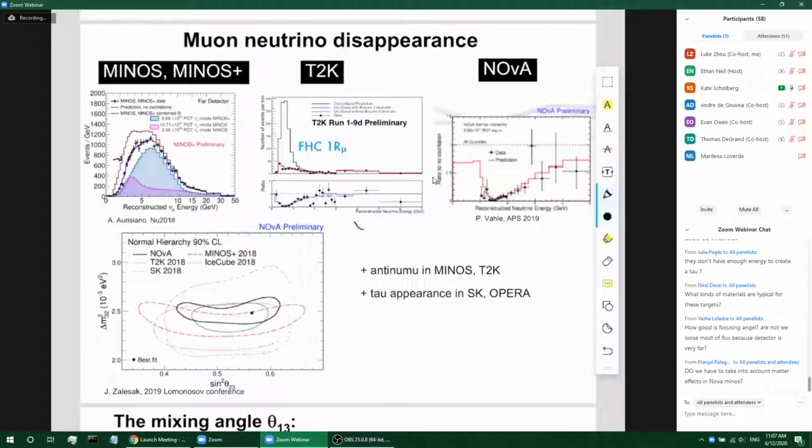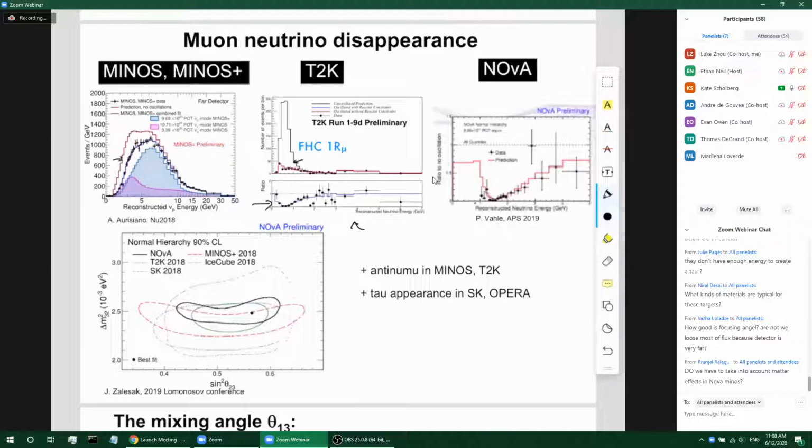This one here, the T2K beam, same thing. The solid line is no oscillations. The data are clearly chomped away by oscillations in an energy dependent way. In fact, I think this bottom here is the ratio, and you can see a clear energy dependent deficit.